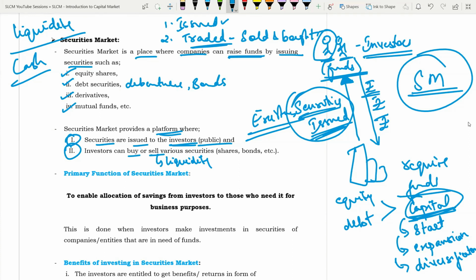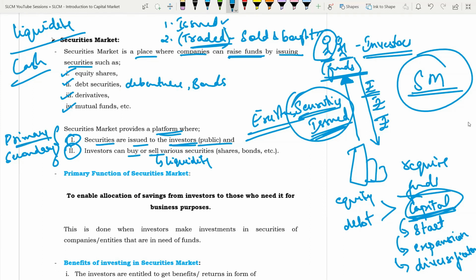Okay. And based on this, the securities market is further classified into primary market and secondary market. So primary market is the first aspect where we are going to give them a platform to issue new securities in the market. And secondary market is a place in the securities market, where we are going to facilitate the trading activities.